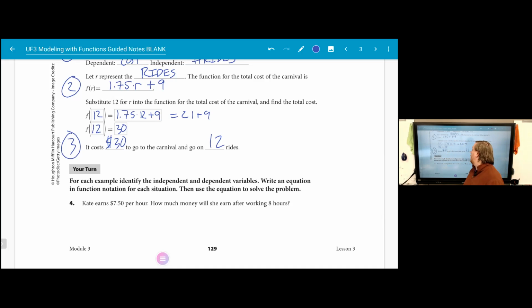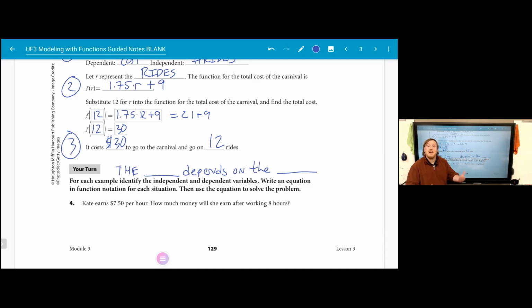Okay, now that we are back. Kate earns $7.50 per hour. How much money will she earn after working 8 hours? Well, let's write our statement. I'm going to write it up top because we're running out of room. The blank, and this is going to be my dependent variable, depends on the blank. So when I'm reading this, I'm saying that the money she earns, the money earned, depends on the number of hours she works.